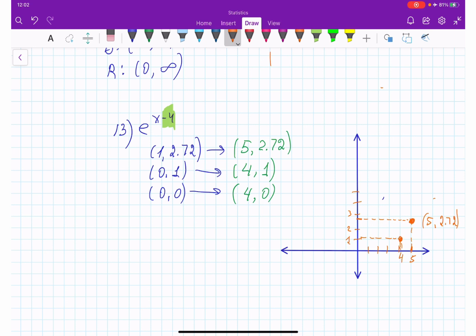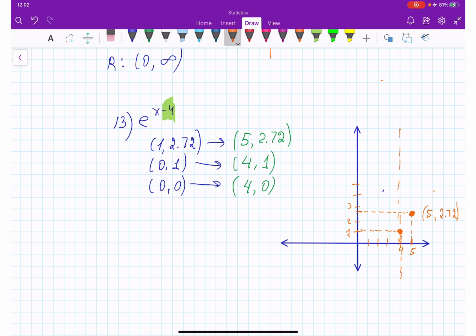Comes here. This is going to be our new y-axis, actually, because this point is moving here. And then 0, 0, it's going to become 4 and 0. Positive 4 and 0, it's right here.